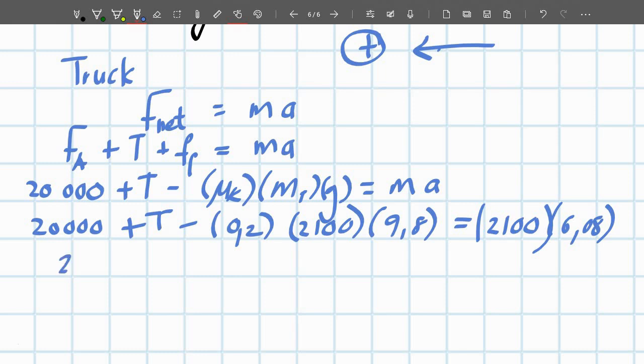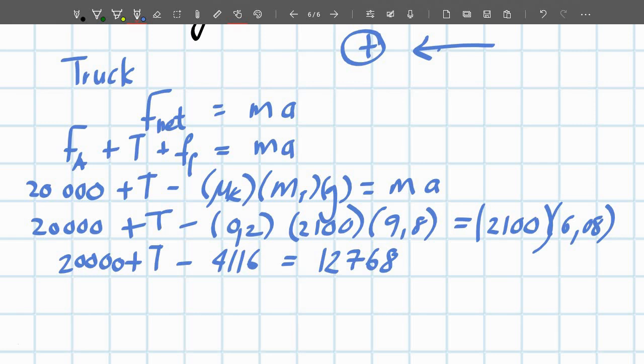That's just going to give you 20,000 plus tension minus 4116 is equal to 2,100 times 6.08, which is 12768.